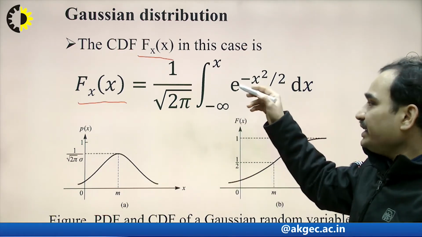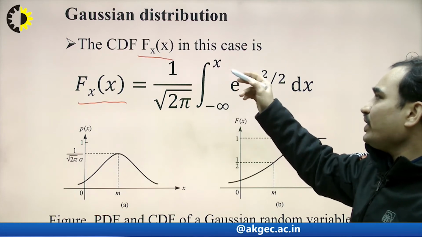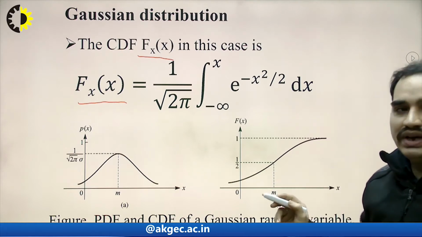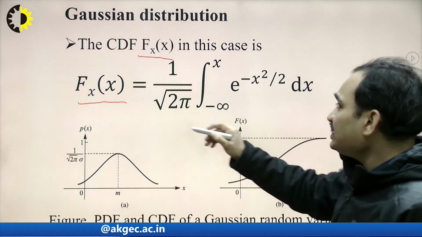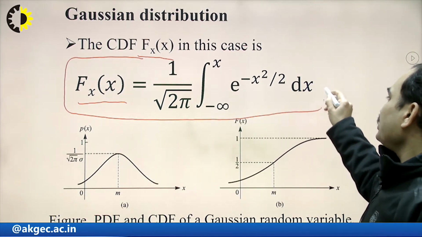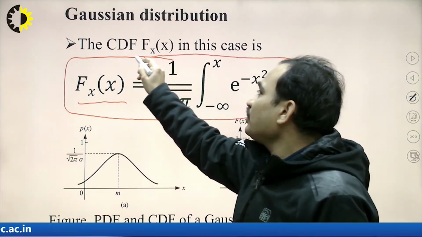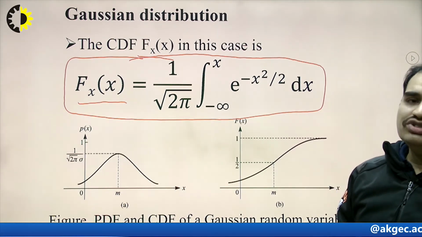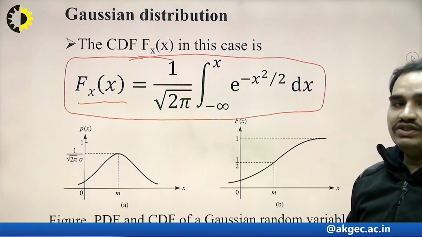So, we integrate for the limit minus infinity to x, exponential minus x square by 2, d of x. So, this is the CDF of the Gaussian distribution, or you can say the normal distribution. Interchangeably we can use either normal distribution or Gaussian distribution.